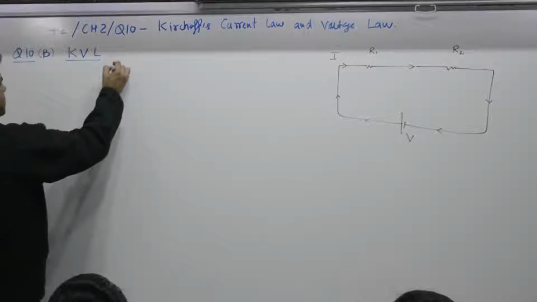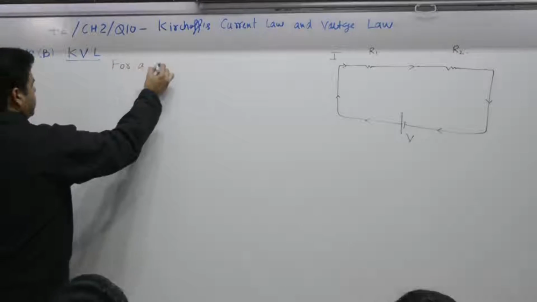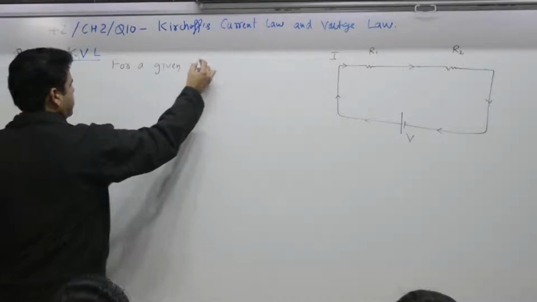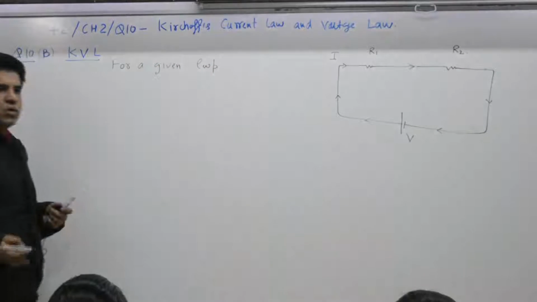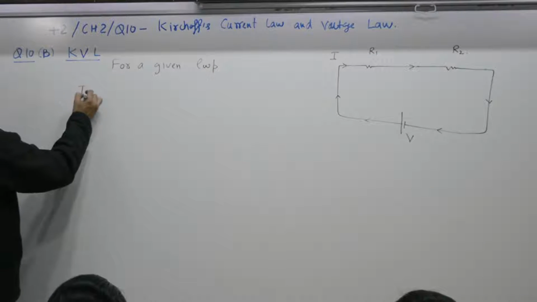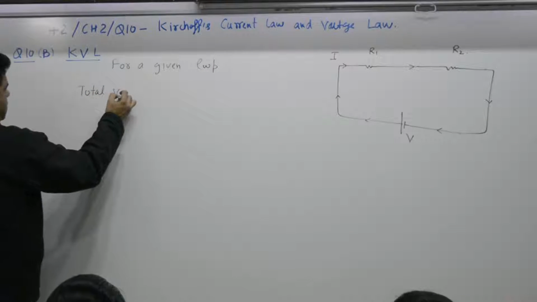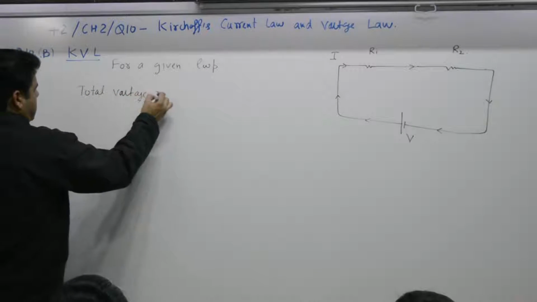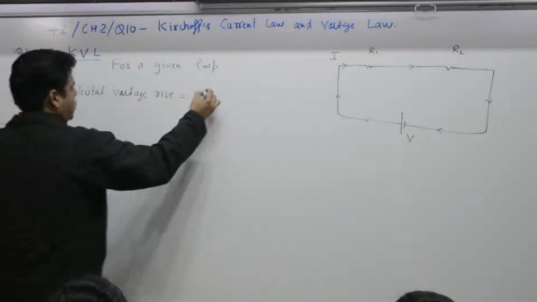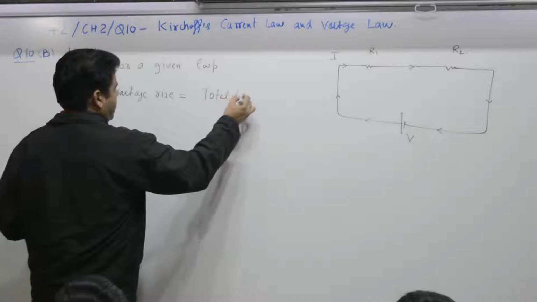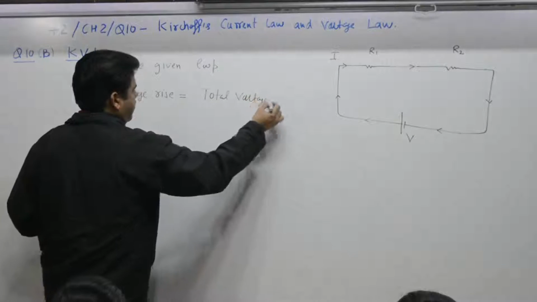For a given loop, total voltage rise is equal to total voltage fall.